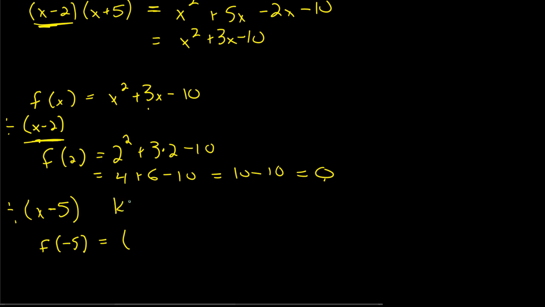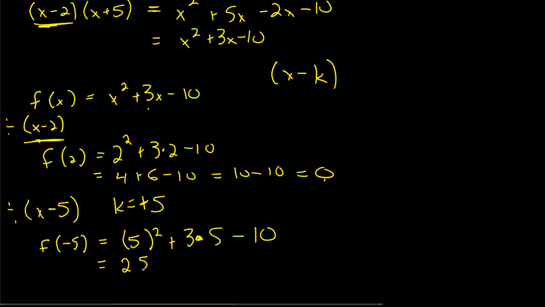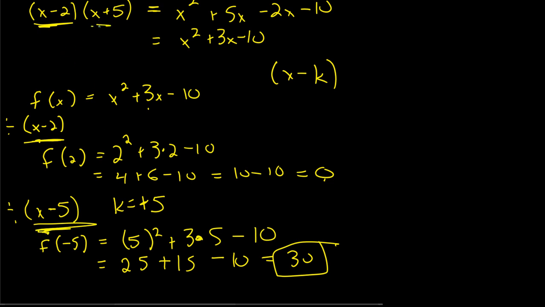My k is equal to positive 5 when I do x minus 5. 5 squared plus 3 times 5 minus 10. Kept slipping into doing the actual one, right? But if x minus 5, my remainder theorem says x minus k, so my k is positive 5. So 25 plus 15 minus 10. Well, 25 plus 15 is 40, and this is 30. It has a remainder. This is not a factor. And of course, x plus 5 is the other factor.